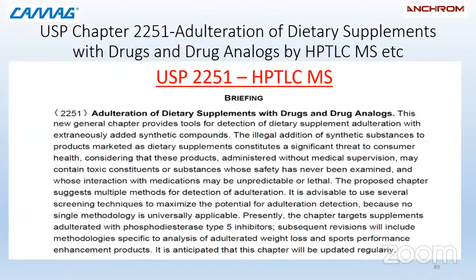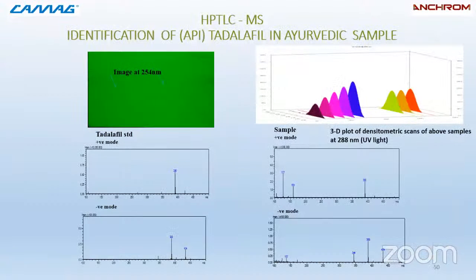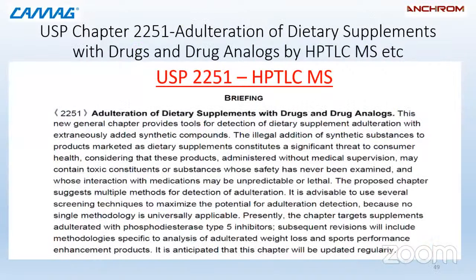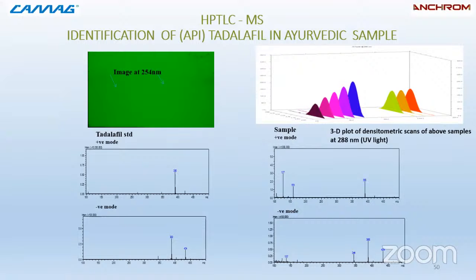We have one example of how we have used this HPTLC interface for the identification of one of the APIs, that is tadalafil, in one of the Ayurvedic samples. There is HPTLC USP chapter 2251, which mentions the use of the HPTLC interface for the identification of API in herbal samples. We were suspecting that tadalafil was added in one of the Ayurvedic Rasayana samples.